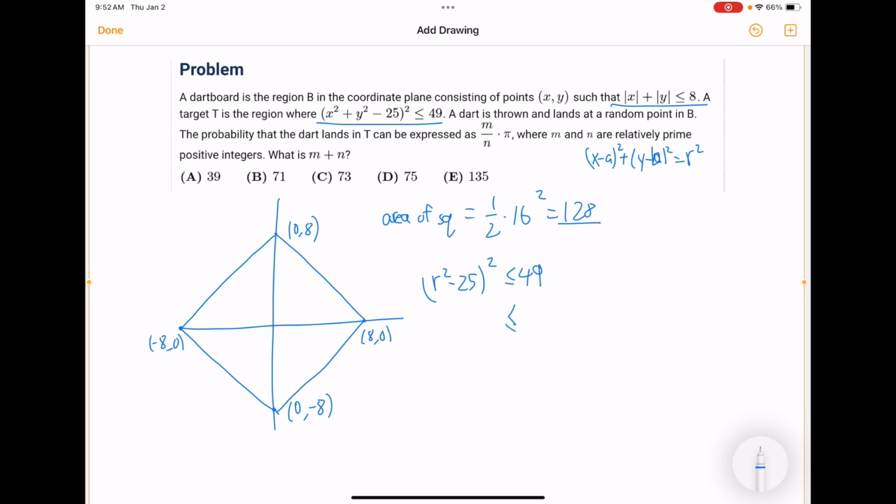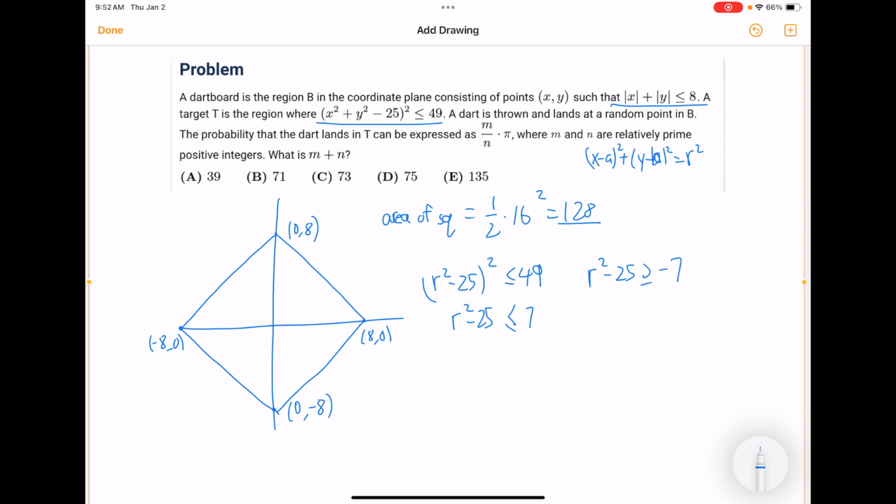And then we can take the square root, which is 7. So r squared minus 25 is less than or equal to 7. But keep in mind that solving inequalities when we take the square root is different from a simple equation, because it can be positive or negative, and once it's negative, we have to switch the sign. So r squared minus 25 is also greater than or equal to negative 7.